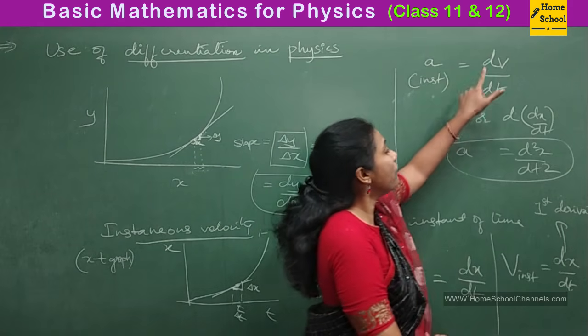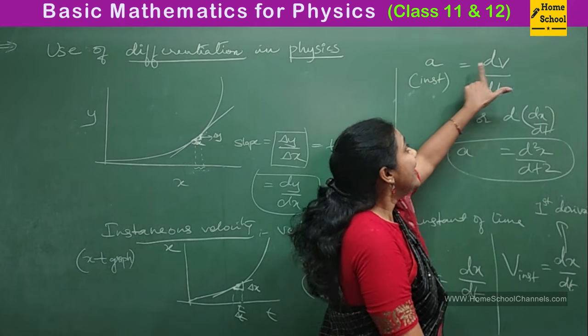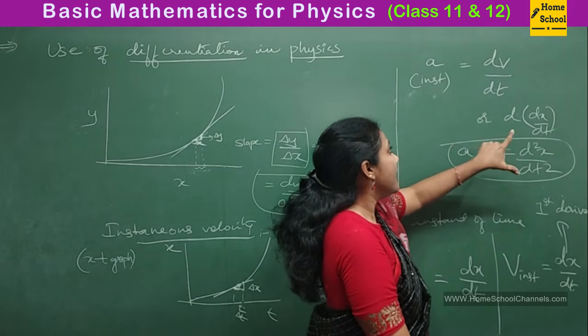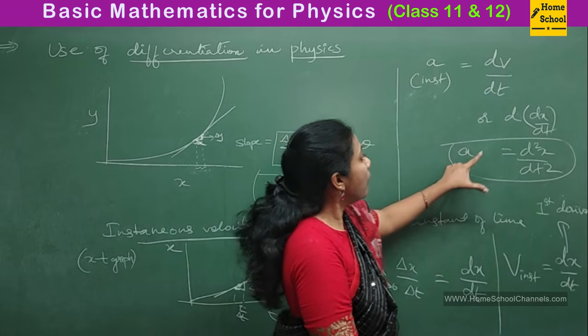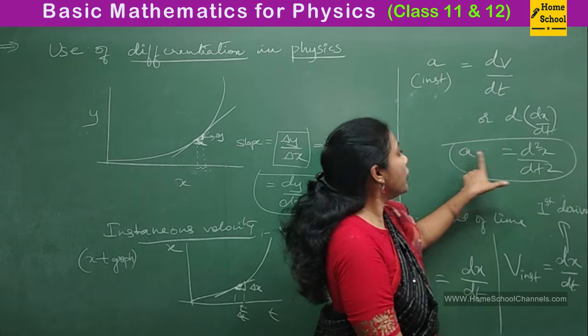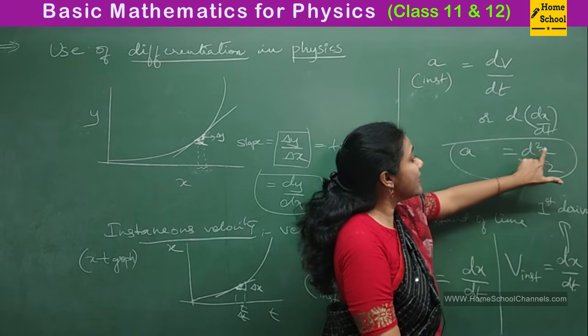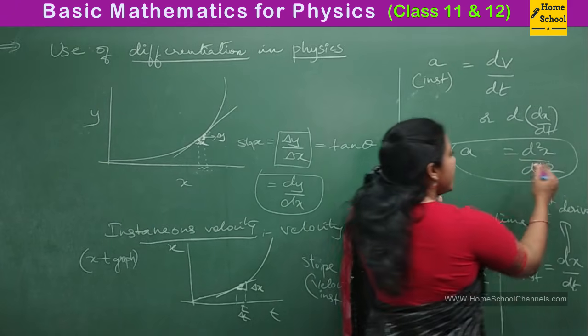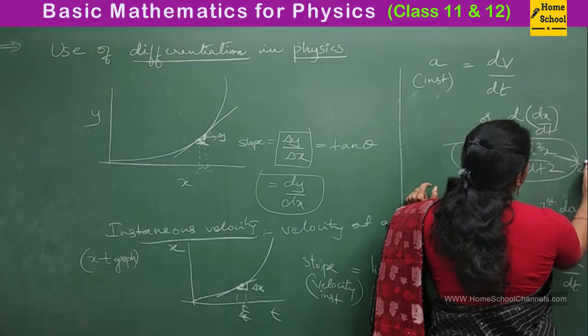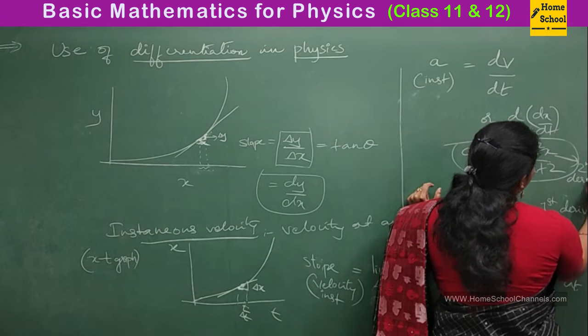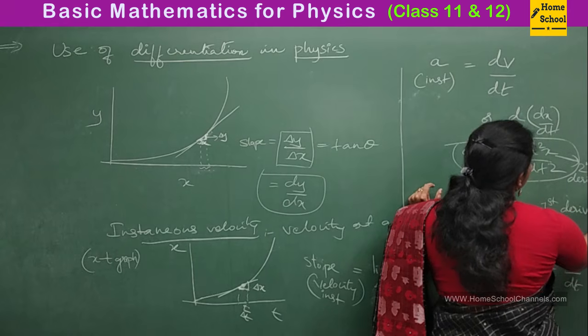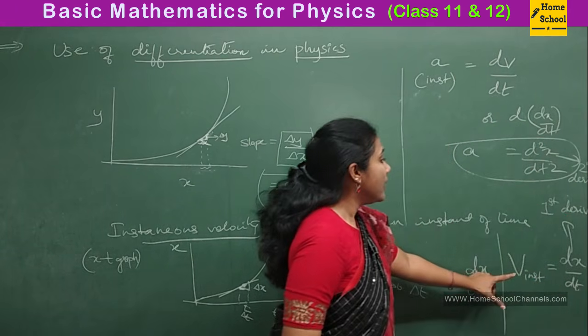So acceleration can also be defined this way. In terms of velocity, it is dv by dt, right? And in terms of position, acceleration is d square x by dt square, and this is called the second derivative. This was the first derivative, right?